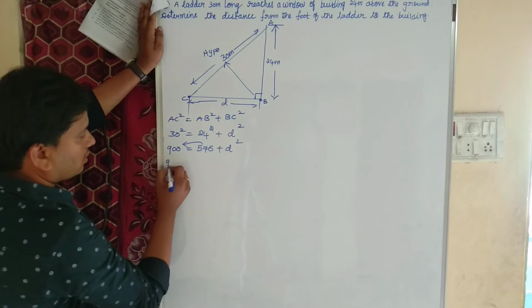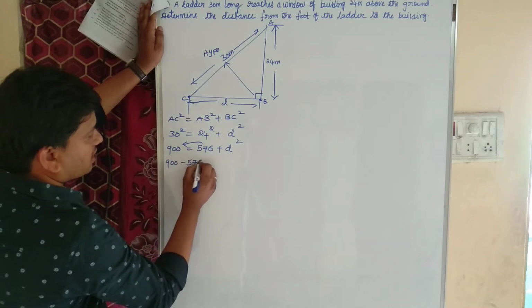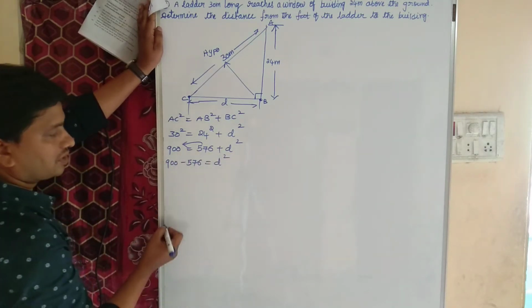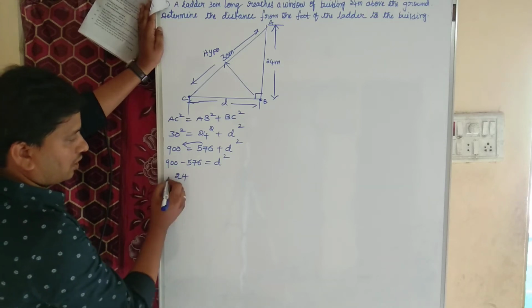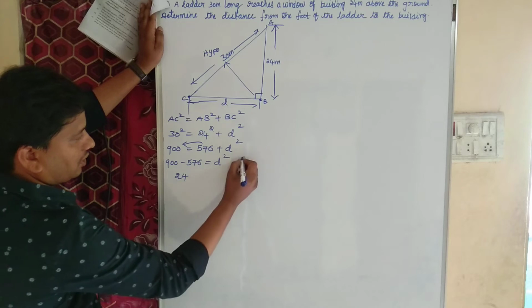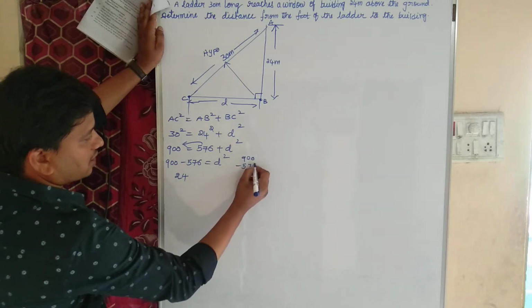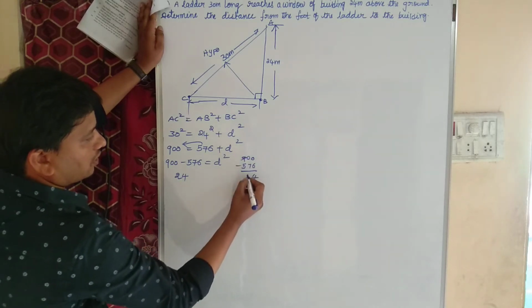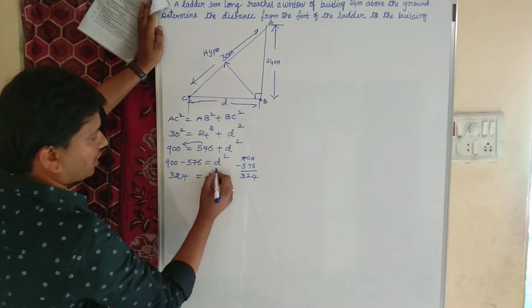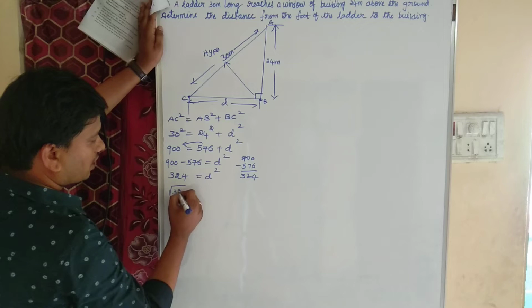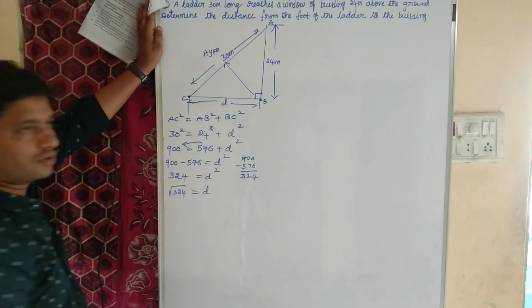Transposing 576, 900 minus 576 equals D square. 10 minus 6 is 4, 9 minus 7 is 2, 8 minus 5 is 3. That equals 324, equal to D square. Transposing the square, D is the square root of 324.